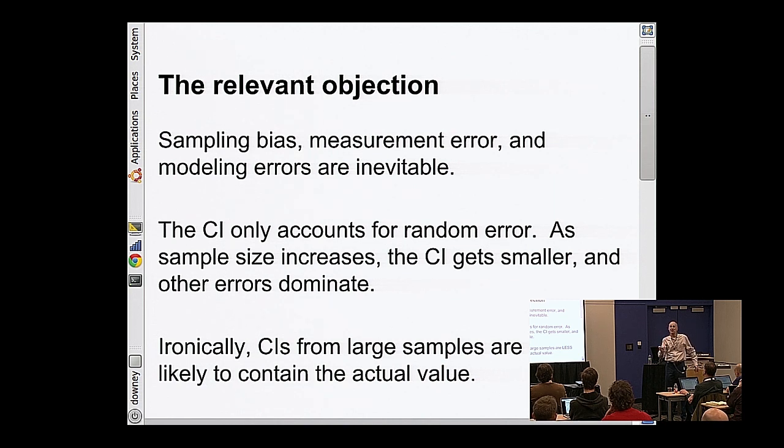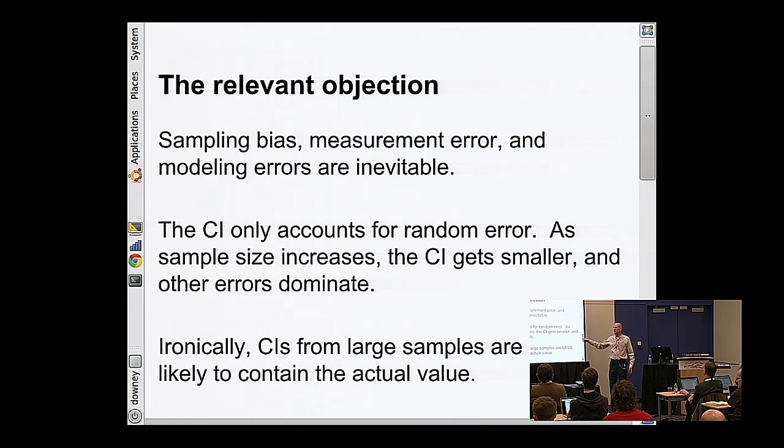And what that means is that those other two sources of error will almost certainly dominate random variability. Okay. And so this gets you to the irony, which is that if you do a well-designed experiment with a very large sample size, it is less likely that your CI will contain the true value, which is frustrating but true. But again, it's because one of your sources of error has become so small that the other ones that you didn't quantify almost certainly dominate.